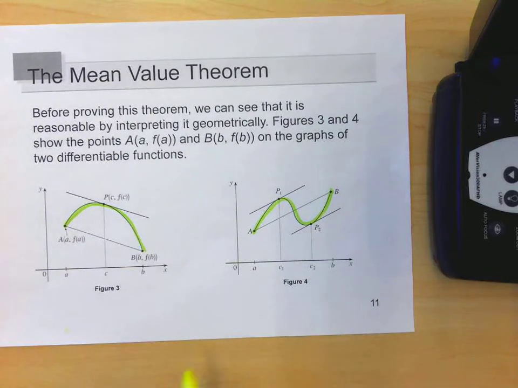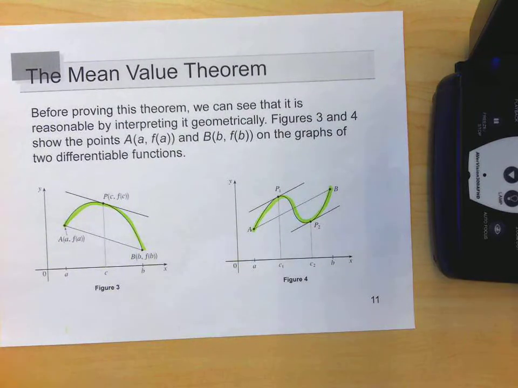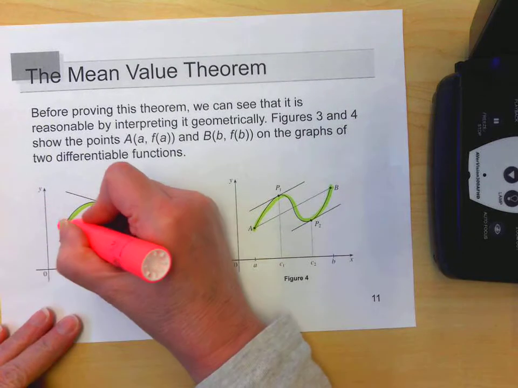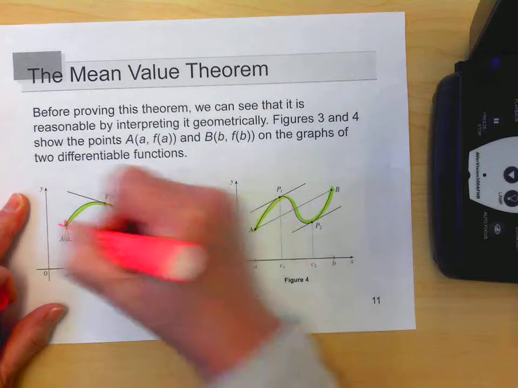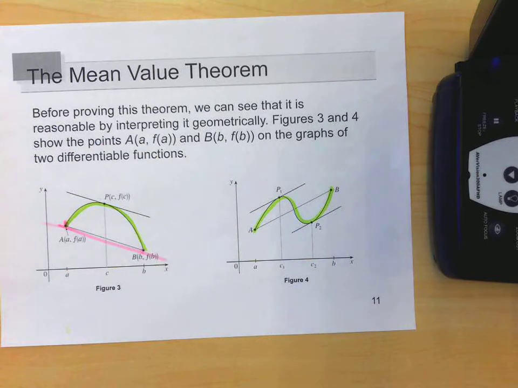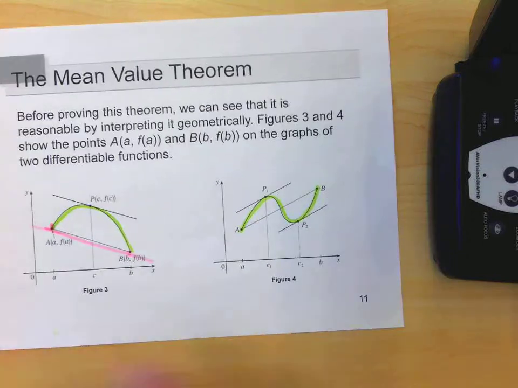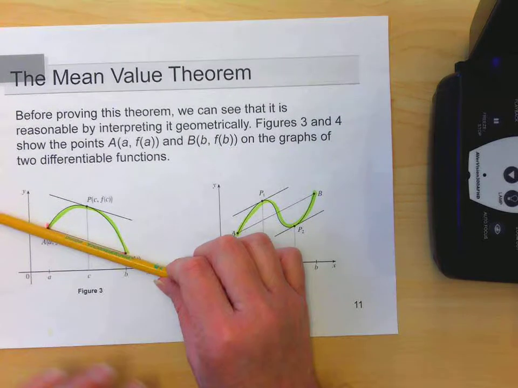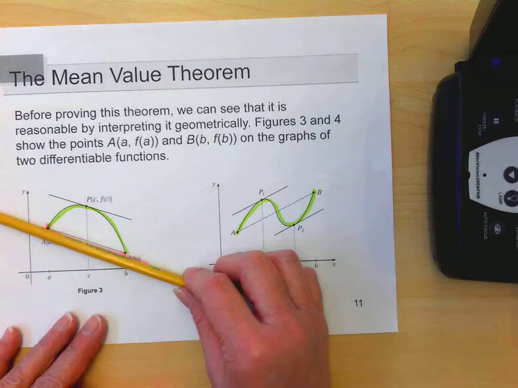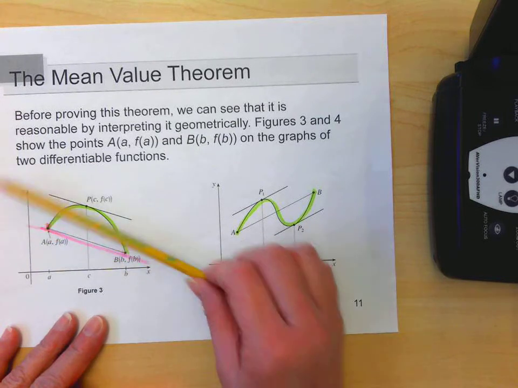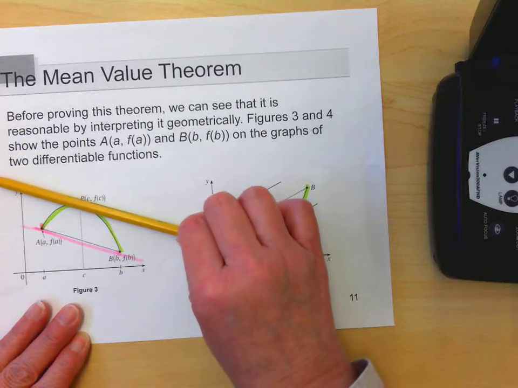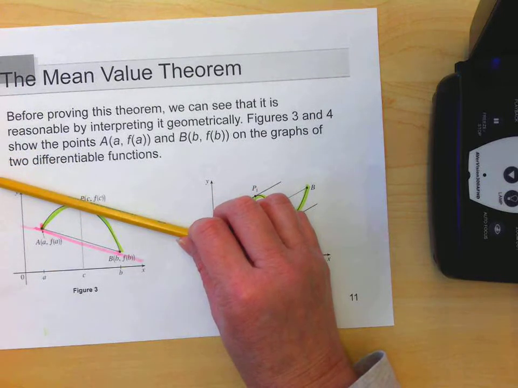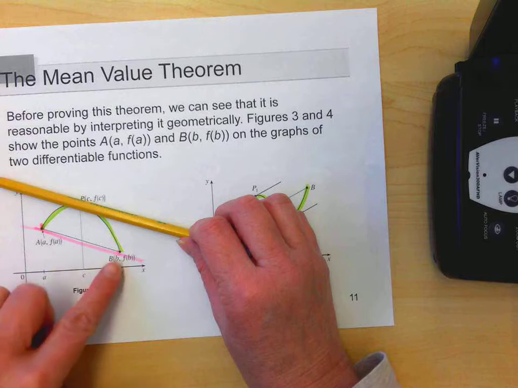So we can see here's our function, the green function, and here's our point A and B. If I draw a line and then examine the slope, do you see, even geometrically, if I'm looking for a line that's tangent to this parabola somewhere, that I can find a point where the derivative, so the line tangent at that point, is parallel to my pink line?